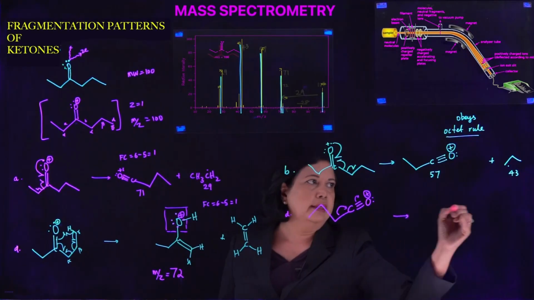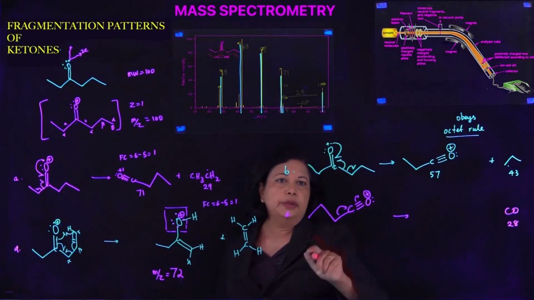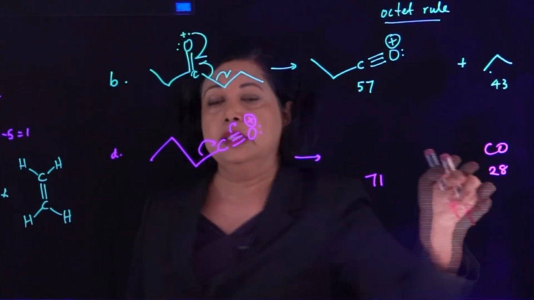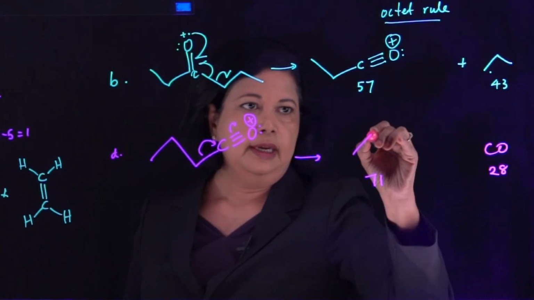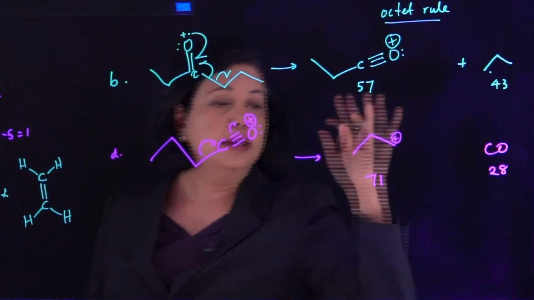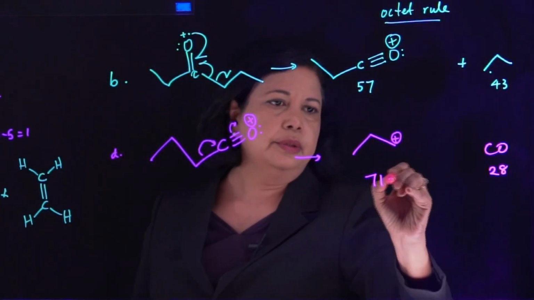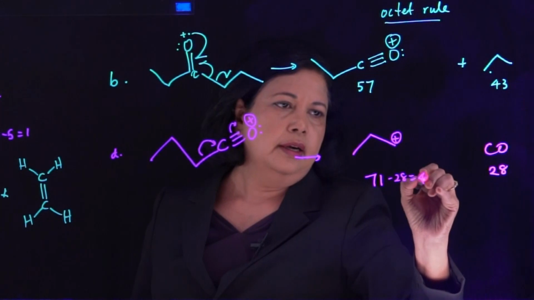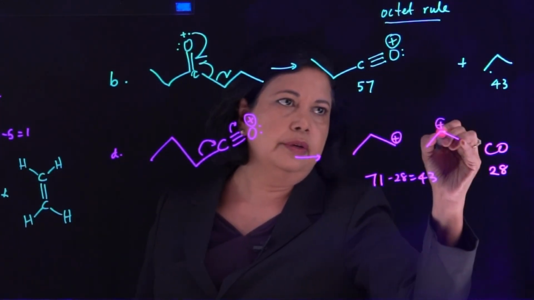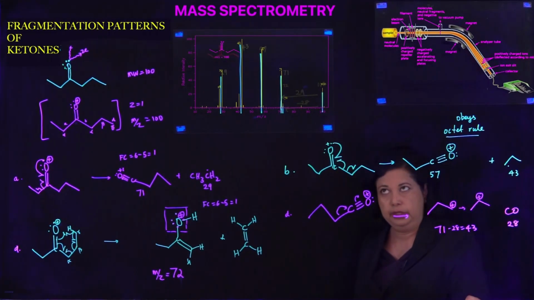And so you can get your carbon monoxide, which is 28, and you can get a 71 minus a 28 is going to be your 43. Now, you might say this is a primary cation, but rearrangements are common, and this 43 can go to a secondary cation here. Okay, that's possible.